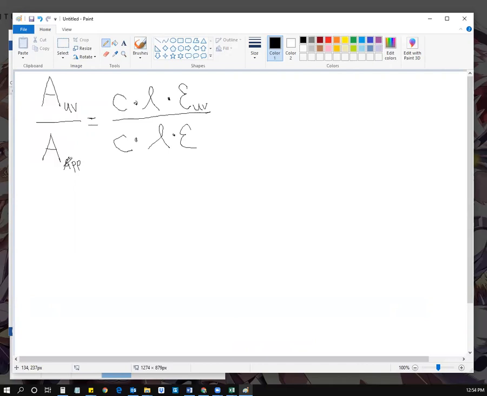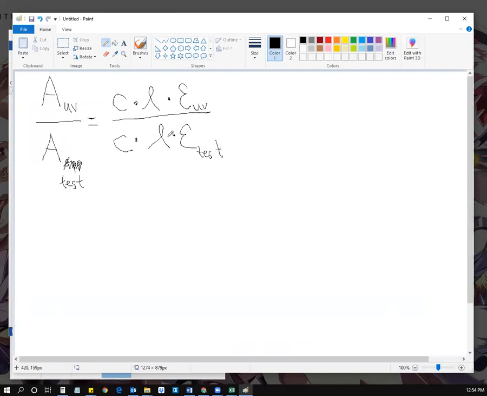Actually, I should not call this apparent. I should call this absorbance of the test tube or something like that, because it's not apparent just yet. And this extinction coefficient will also be the test tube one as well.